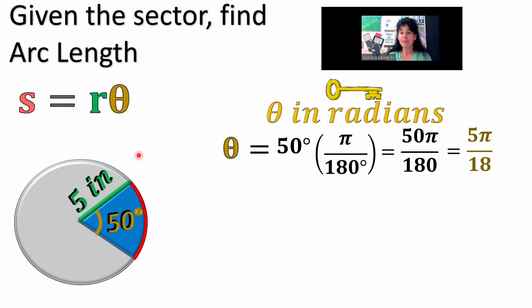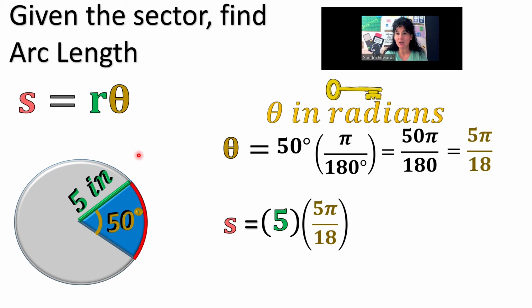Now that we have theta in terms of radians, we have everything to substitute into this formula. So S, the arc length, is the radius, which was 5 inches, multiplied by the angle measure, 5 pi over 18. The 5 there is over 1, so let's just multiply across.